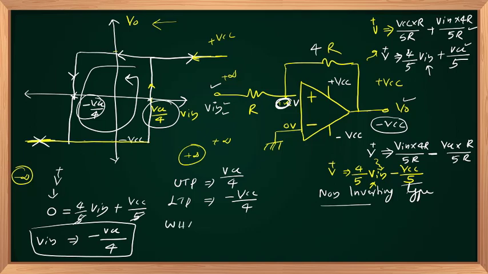The width of hysteresis is VCC by 4 plus VCC by 4, which gives you VCC upon 2. Initially it was VCC, right?